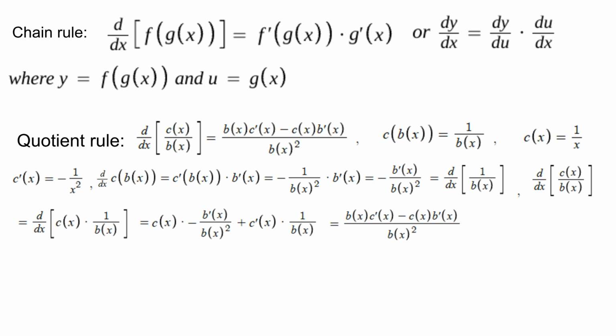Using the chain rule, we can imagine c of b of x equaling 1 over b of x, which means c of x equals 1 over x, and that c prime would equal negative 1 over x squared.